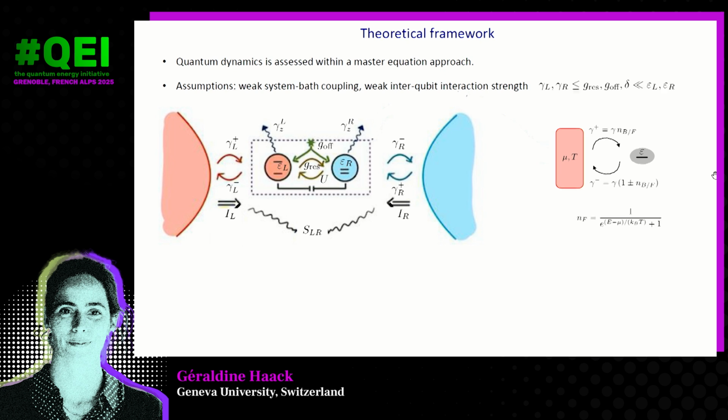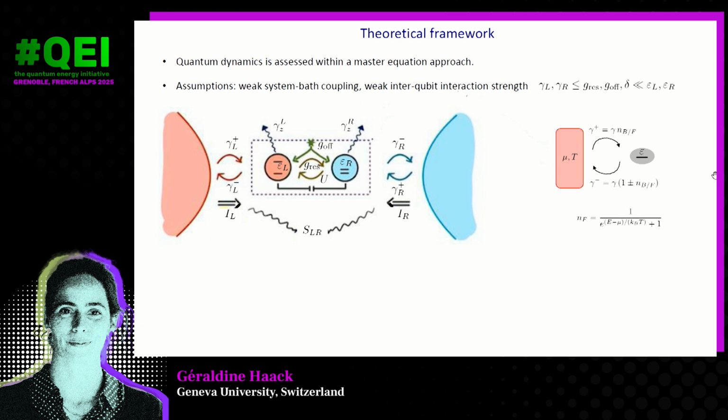But you see, it's not the only condition, because the two qubits also interact between them. So in fact, for this approach to be valid, for obtaining a valid form for the evolution equation, here we must also assume that the interaction strengths are of the order of or smaller than the coupling to the bus. Okay, so that's the technical details, but it's just to be precise.